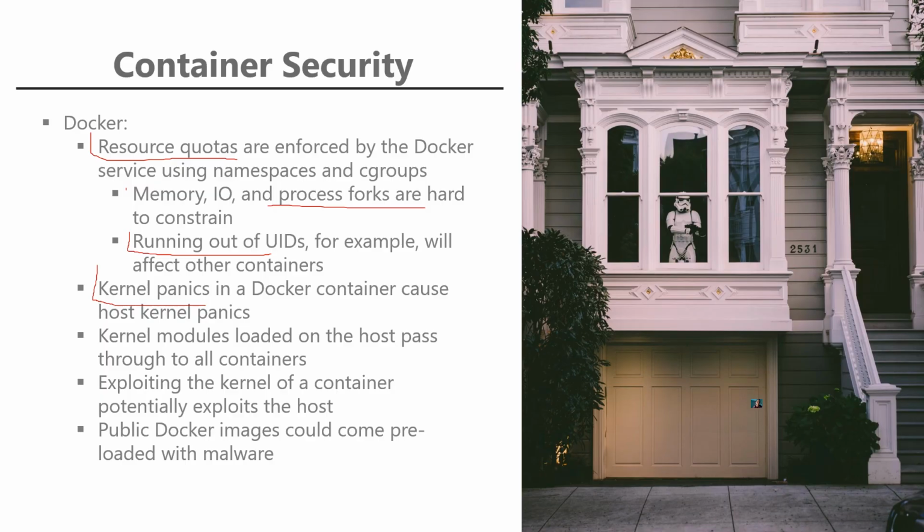Again, they share the kernel. Kernel modules loaded on the host pass through to all containers. Exploiting the kernel of a container potentially exploits the host, like we discussed before. It's the same thing with Docker. Public Docker images could come preloaded with malware, like I discussed with Docker Hub.